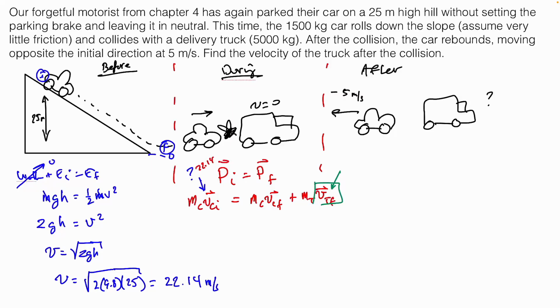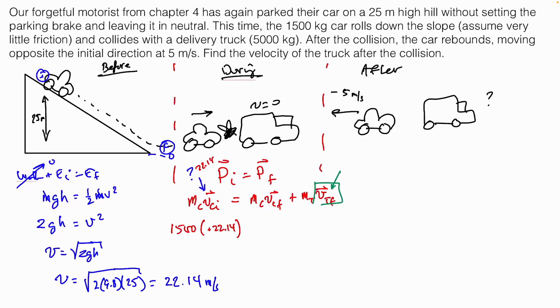Okay, so I think now I can go ahead and solve for velocity of the truck final. I can throw some numbers in here. So mass of the car, 1,500, times velocity of the car initial, plus 22.14. Do you see how I went from a thing that had a vector arrow over the top to a number?